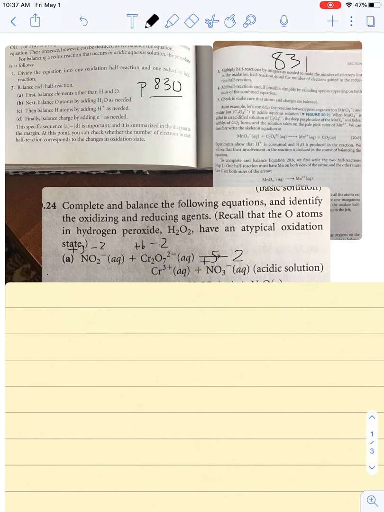To figure out which got reduced and which got oxidized: the nitrogen went from a +3 to a +5, an increase in oxidation state. Let me write the whole species out here. NO2 minus went from +3 to NO3 minus at +5. Because the charge increased, that means it got oxidized.